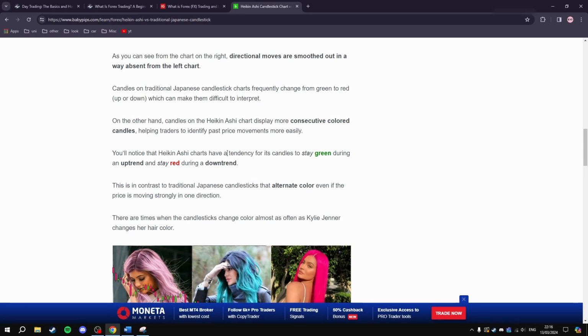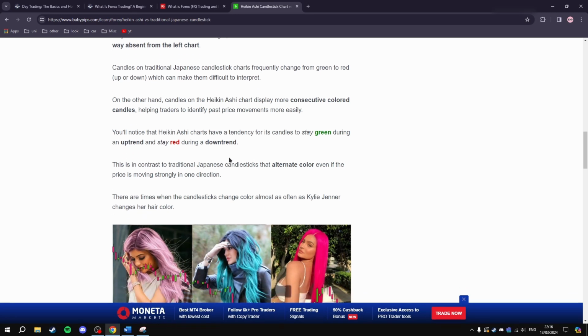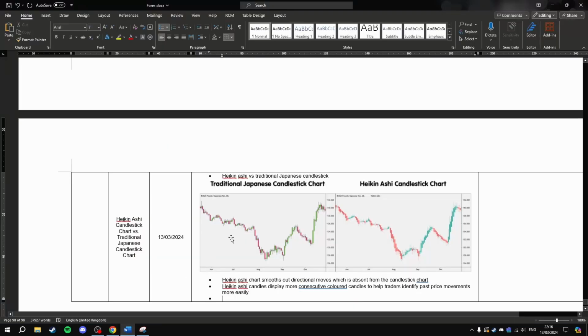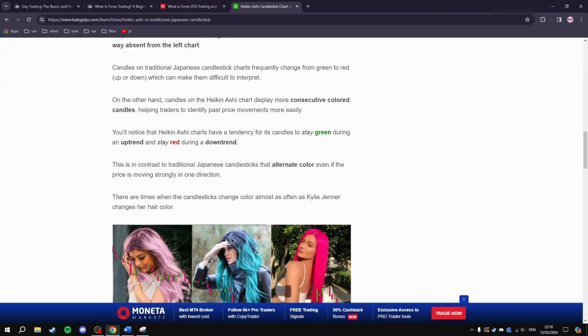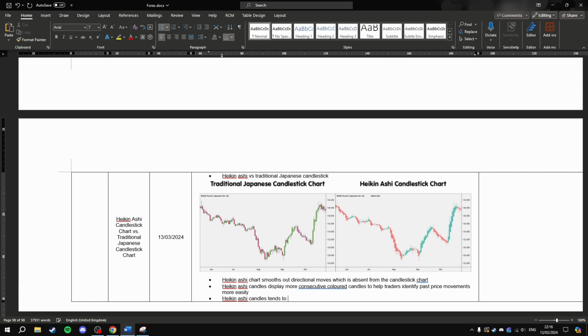There are times when the candlesticks change color almost as often as Kylie Jenner changes her hair color. Okay, so wait. Heikin Ashi candles tend to stay green for uptrend and red for downtrend.